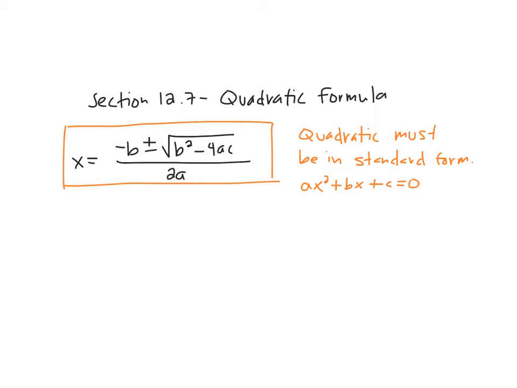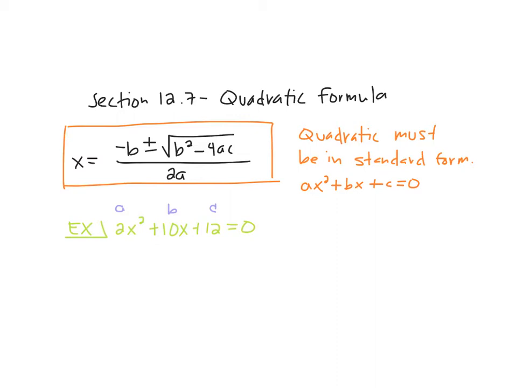So let's use this to solve the quadratic equation 2x squared plus 10x plus 12 equals 0. I like to write my a, my b, and c above my variables there, so I know where each one is going.